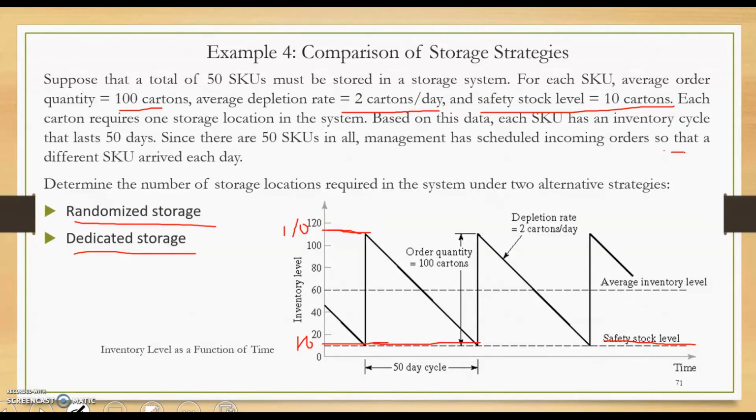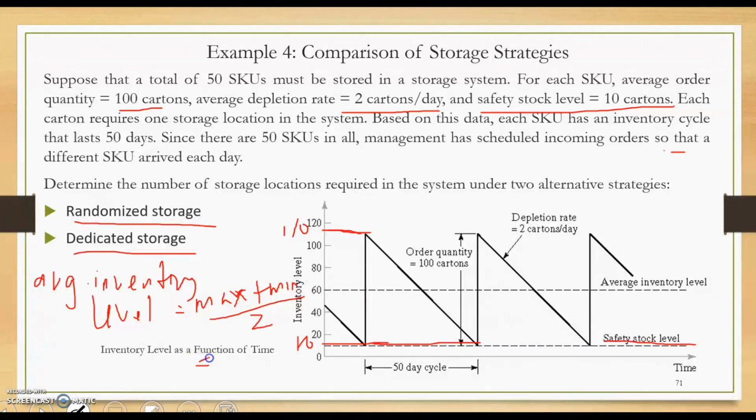For the randomized storage, we have to find the average inventory level, where the formula is the maximum inventory level plus the minimum inventory level divided by 2. So the maximum is 110 plus 10, divided by 2, is 120 over 2, equal to 60.